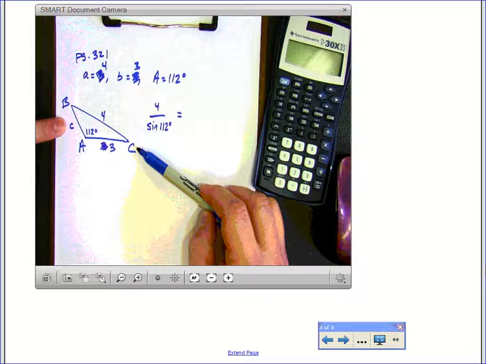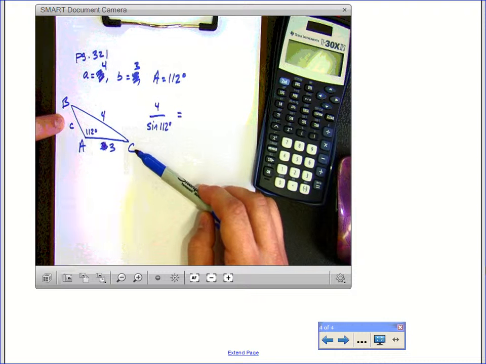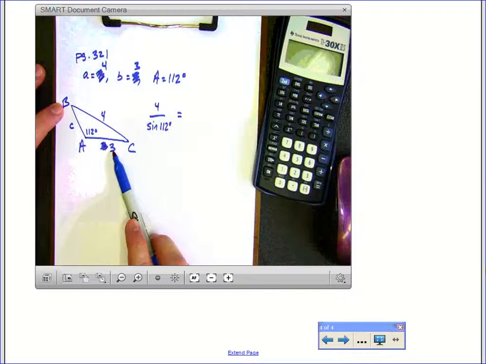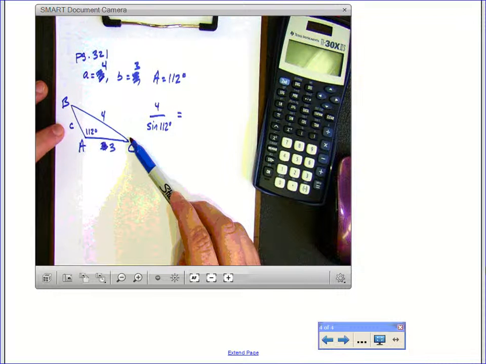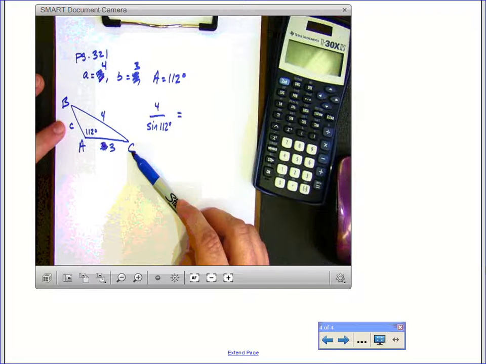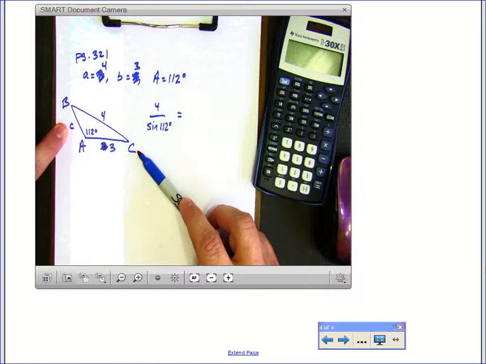No, because you don't know either one, right? So that will give you 2 unknowns. But B, you don't know the angle, but you have the side. So if you're going to find an angle or a side, one or the other has to be given before I can find it. So I can't really do anything with the C ratio, so I'm going to use the B ratio.